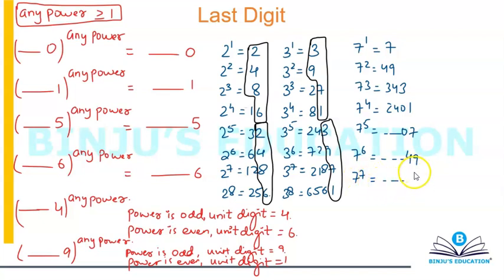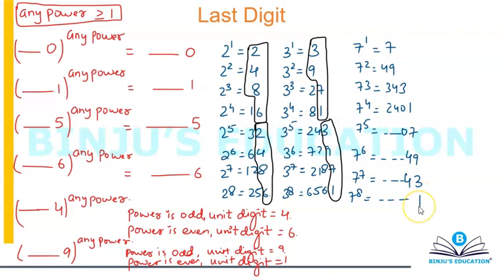So 49 will be multiplied by 7. 9 into 7 is 63. I'm going to keep 3 and carry over 6. 7 4s are 28, and 6 is 34. It's going to end in 43. Then 7 to the power 8. We're going to multiply this 43 by 7. 7 3s are 21.